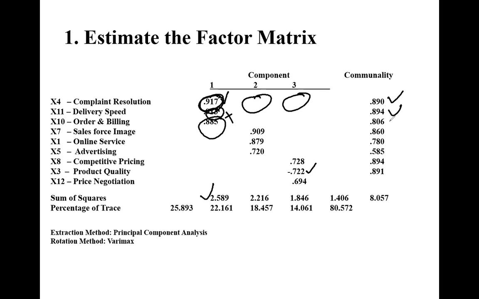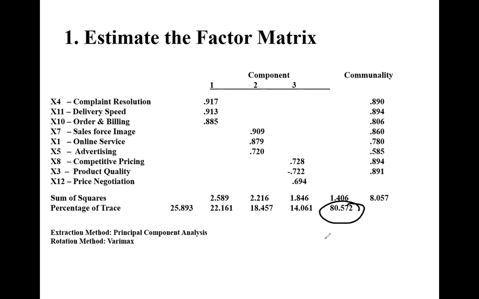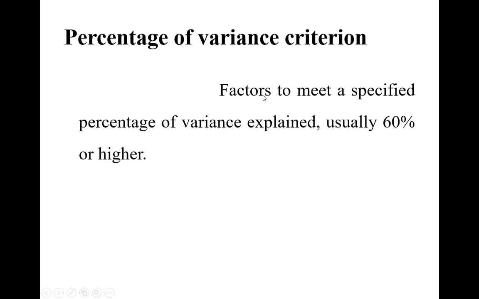And cumulative value should be greater than 50%, or 0.5. Okay. And the variance extracted should be greater than 60%. So in our case, it is 80%. Okay.